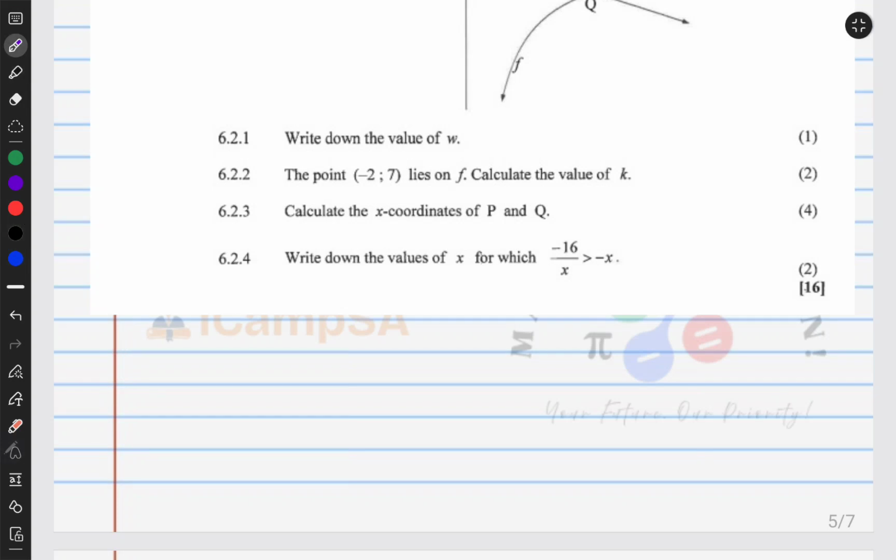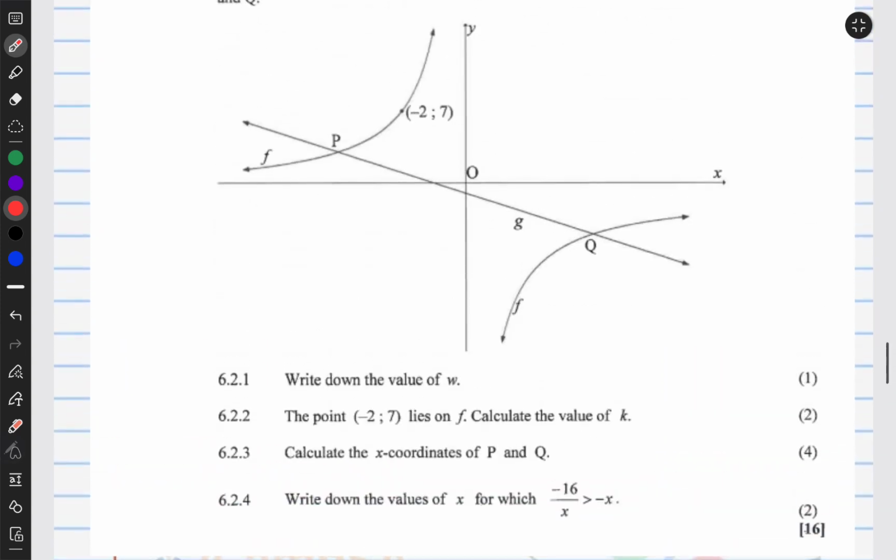So for the range in 6.1.1, we can say y is greater than negative 9, or alternatively, y is an element of negative 9, not included, to positive infinity.